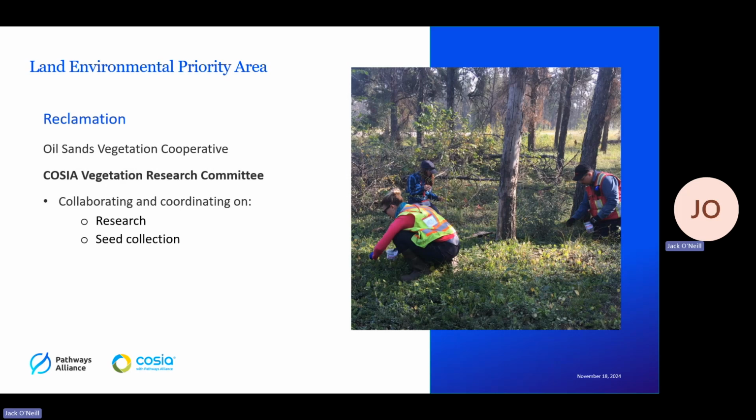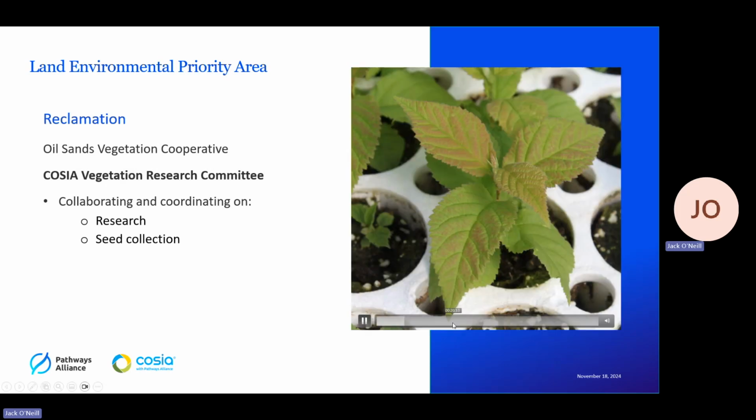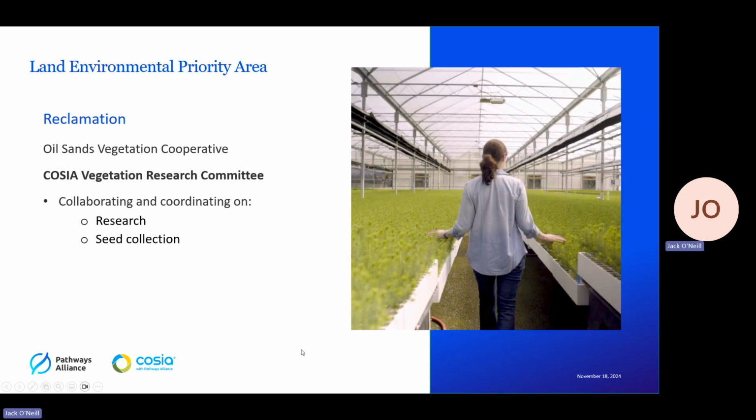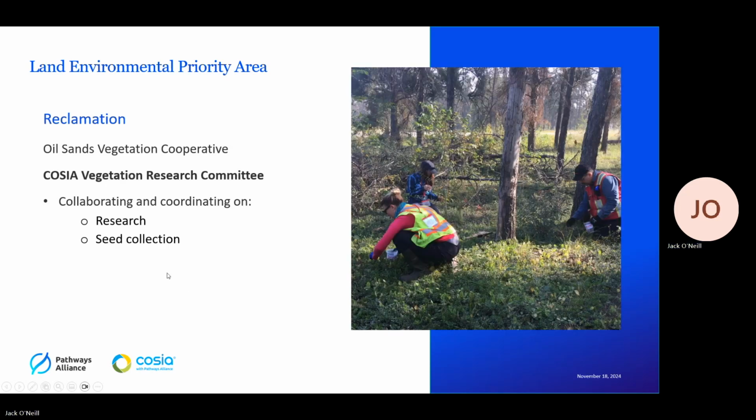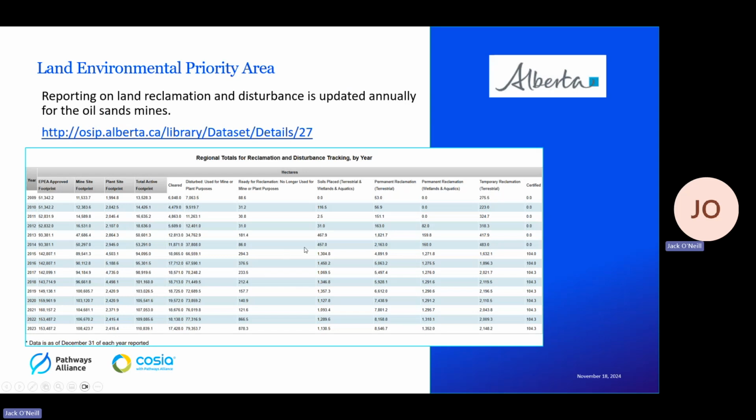There's a bunch of people collecting seeds. Those seeds end up going off to nurseries to create lots of little trees that will be planted in the reclamation programs, the COSIA members, and then end up being a nice forest like that eventually.